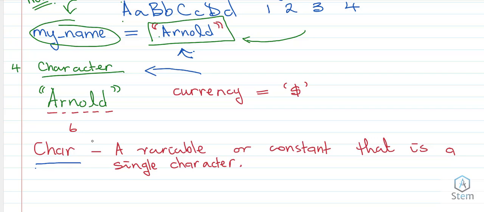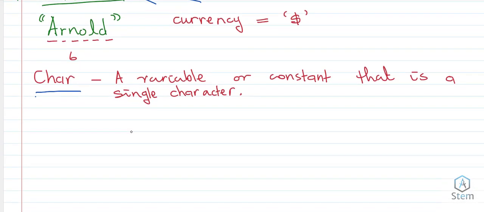So whenever you want to store single characters, for example, if they say, Arnold, give us your initial, I can say initial is A. That's my initial. I'm not going to say AD. I'm just going to give that one to fit the narrative.